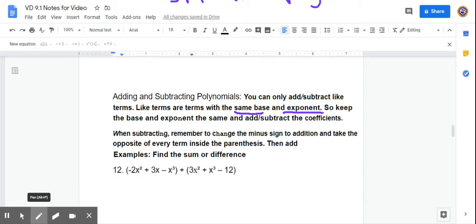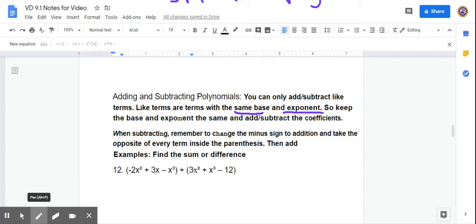When you add, you keep the base and the exponent the same, and you add or subtract the coefficients, the numbers in front, just as you did with linear expressions. So 3x squared plus 2x squared is 5x squared, not 5x to the fourth. We keep the base and the exponent the same. We don't add the exponents. Remember, we add exponents when we are multiplying, which we just did in chapter 8.